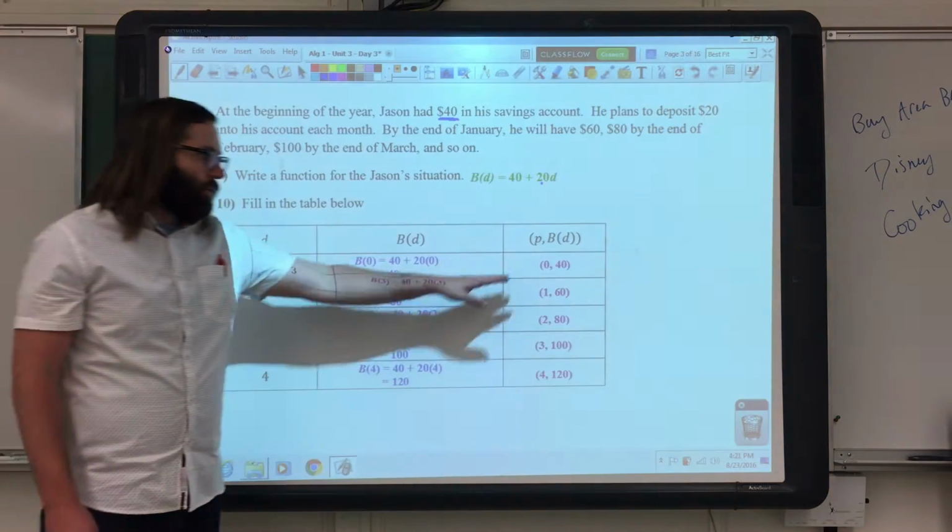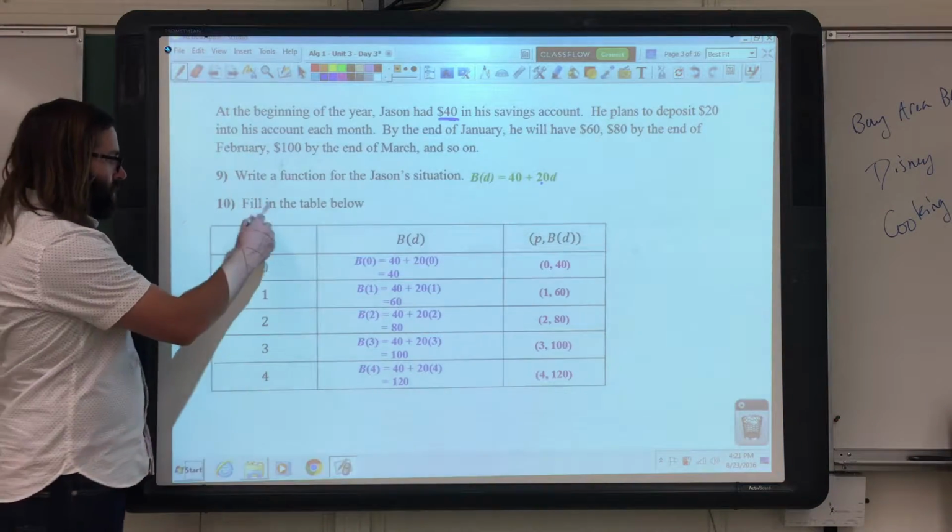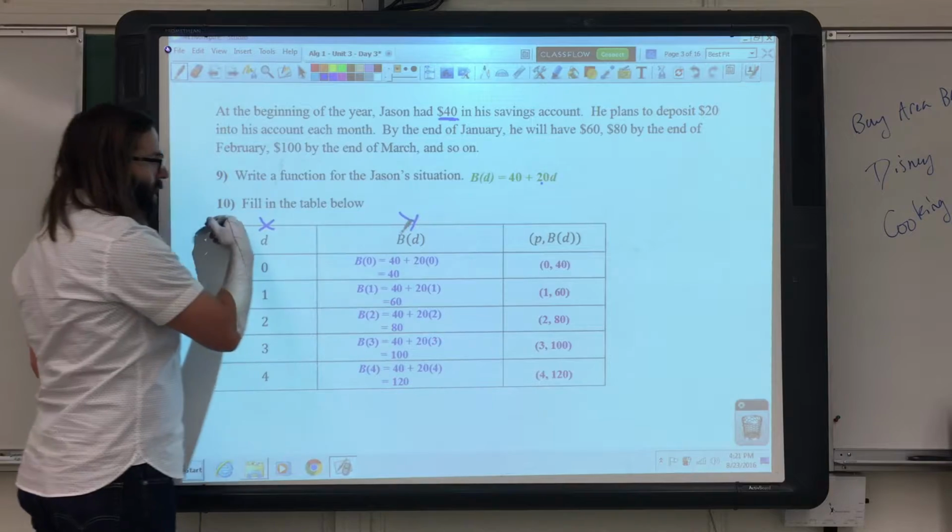You plug it into coordinates. Here's your x's. Here's your y's.